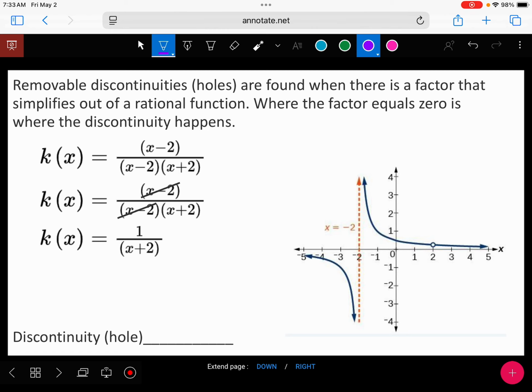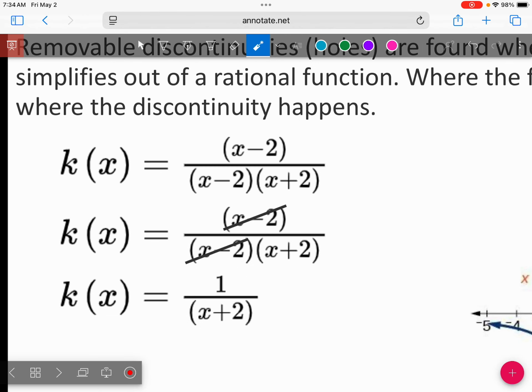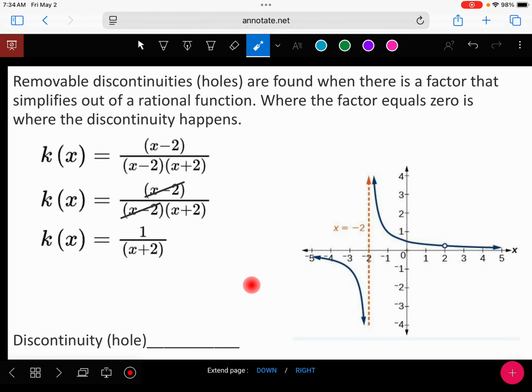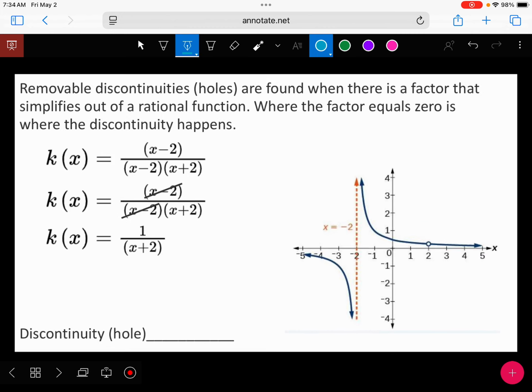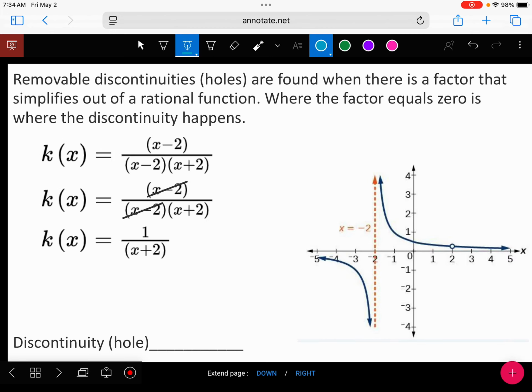Because technically, the asymptote is a different kind of discontinuity because it's not continuous. So removable is just, we pulled it out. There's other kinds of discontinuities. We will talk more in detail about that next year. You'll see a lot of very similar things in DC Pre-Cal.